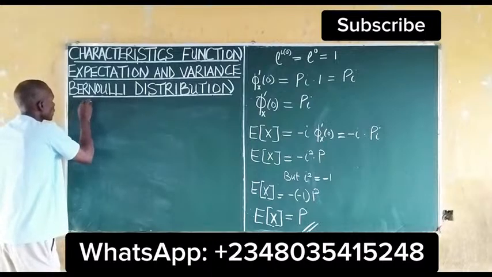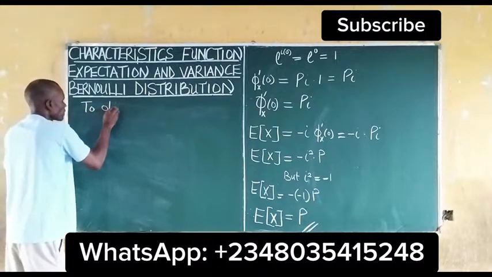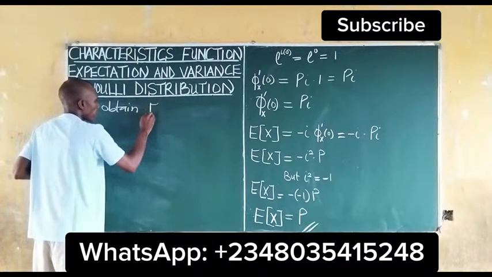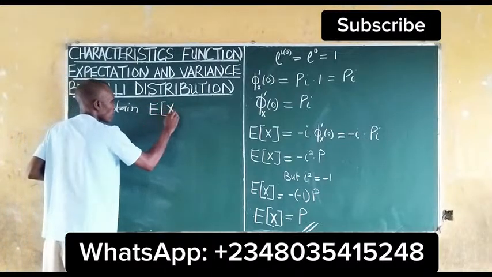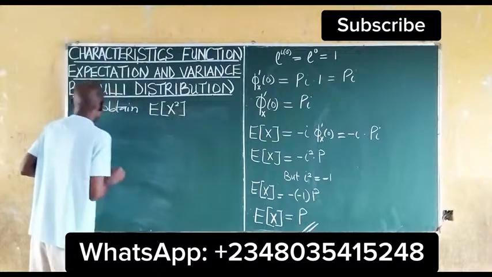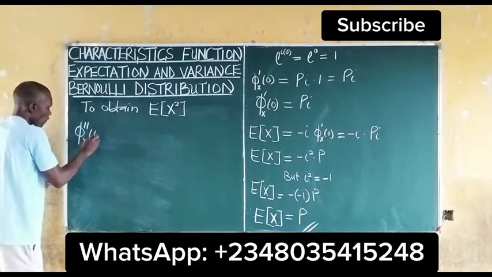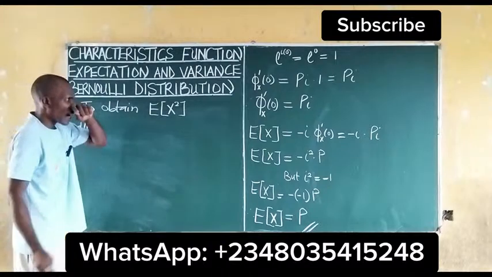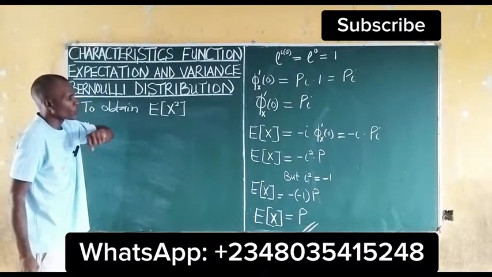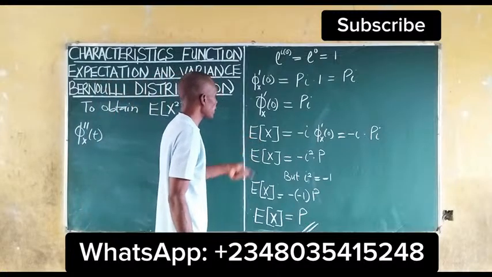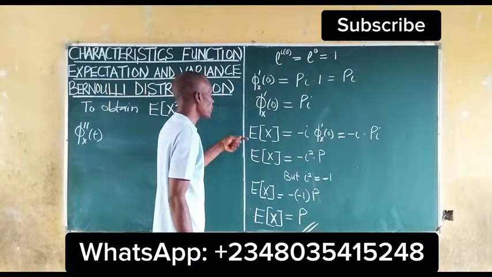To obtain the expected value of x squared, it means you have to look for the second derivative of the characteristic function. Now, what did we get as the first derivative of our characteristic function?